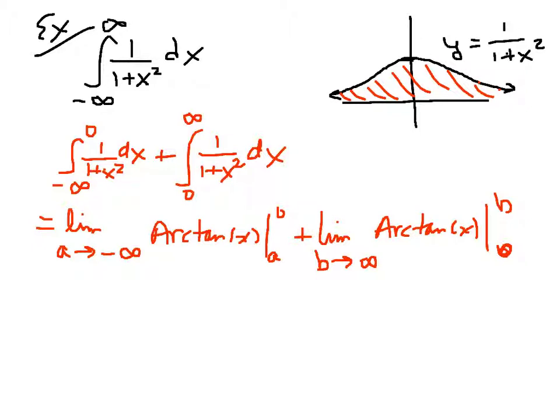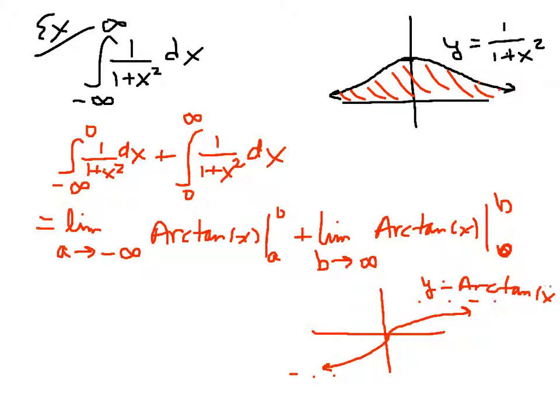Alright, so let me, at the risk of kind of losing out on some space, let me graph arctan of x. Okay, so this asymptote here is pi over 2, and this asymptote down here is minus pi over 2.